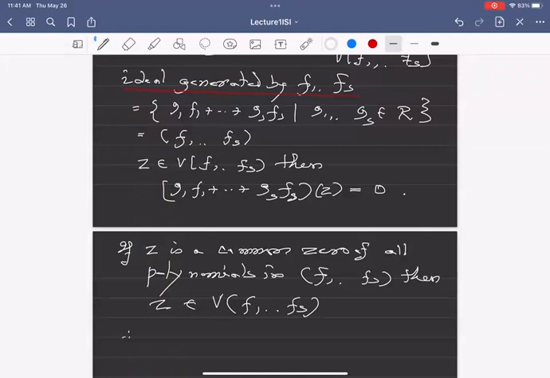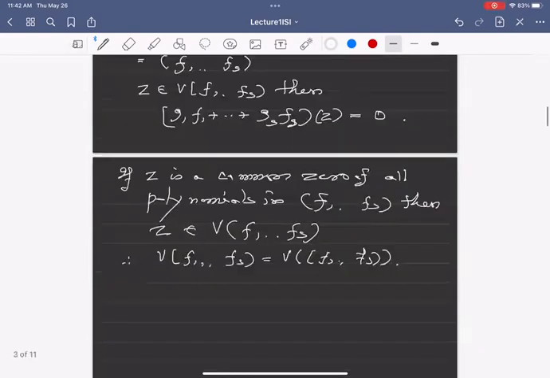So this says that the variety defined by finitely many polynomials is also the variety defined by the ideal generated by f1 up to fs. So I started with a finite system of polynomial equations. Now I have enlarged it to an infinite system of polynomial equations without changing the set of solutions.